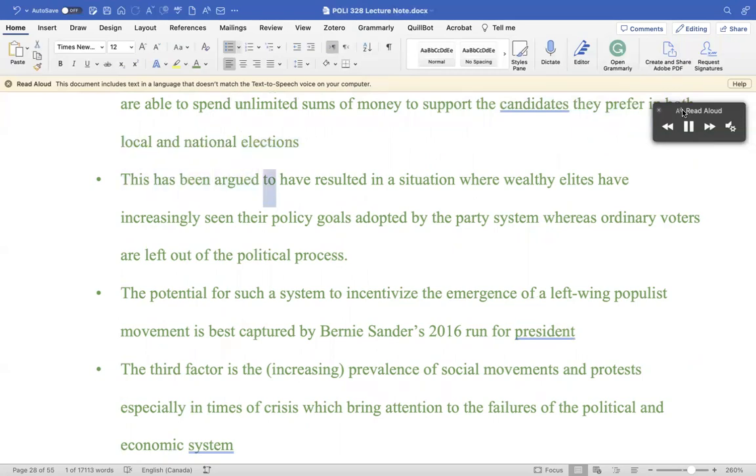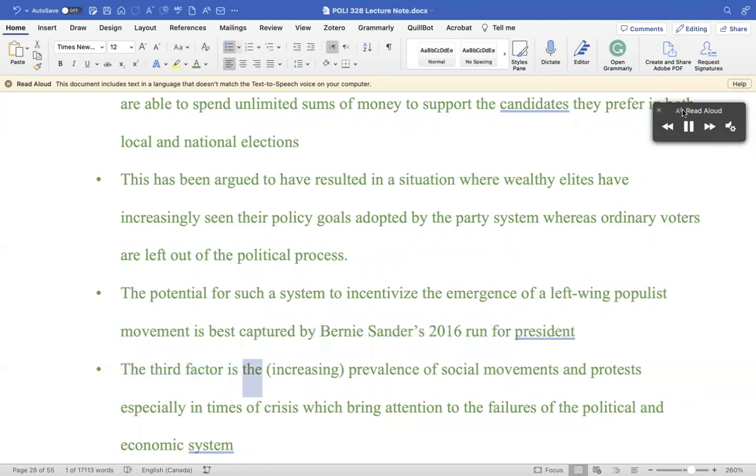This has been argued to have resulted in a situation where wealthy elites have increasingly seen their policy goals adopted by the party system, whereas ordinary voters are left out of the political process. The potential for such a system to incentivize the emergence of a left-wing populist movement is best captured by Bernie Sanders' 2016 run for president.